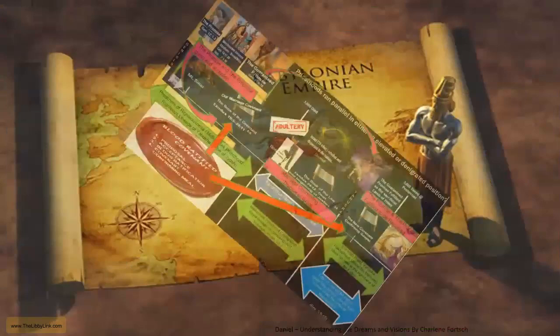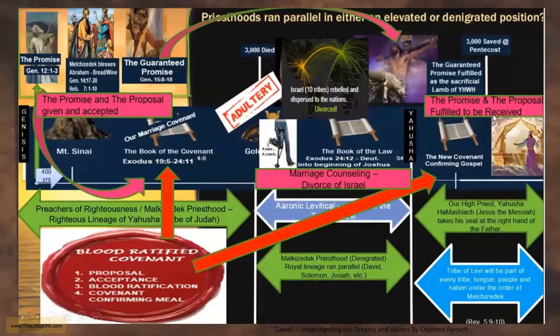Now, just for some people that are new to understanding the Melchizedek priesthood in which we are, because Yahushua is our high priest after the Melchizedek order, Psalm 110:4.